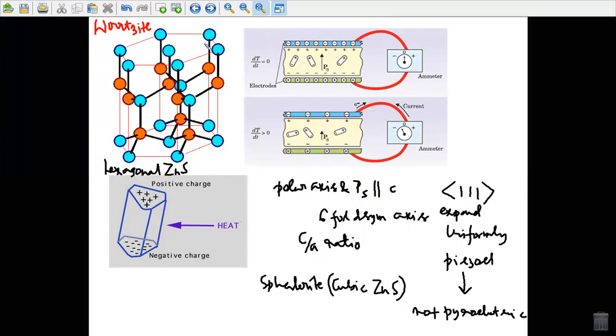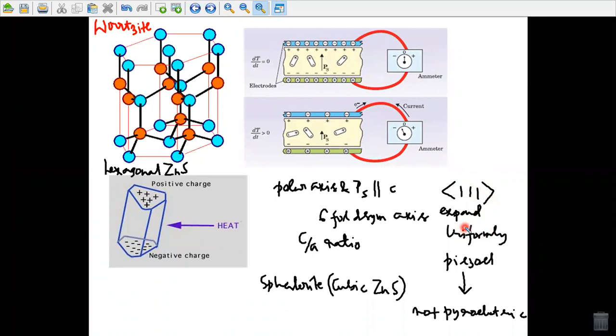On the other hand, the same kind of zinc sulfide, non-centrosymmetric sphalerite, which is the cubic structure of zinc sulfide, the same material, when heated, the four equivalent directions in 111 expand uniformly.